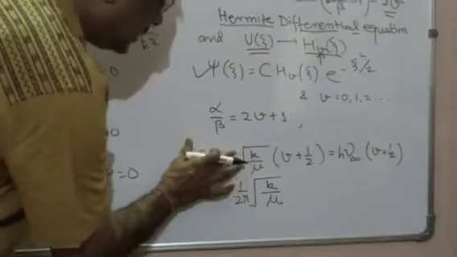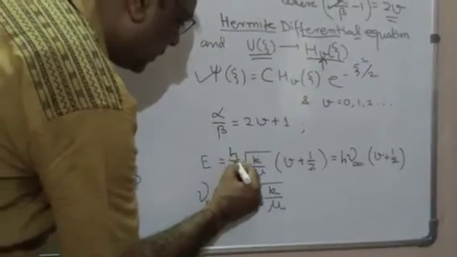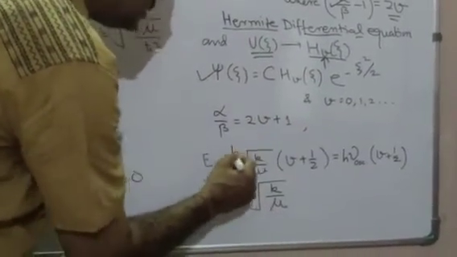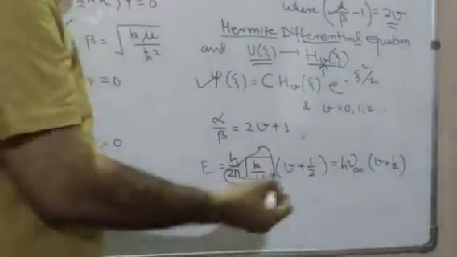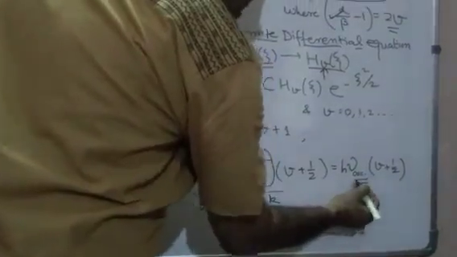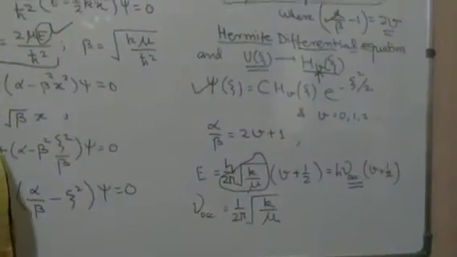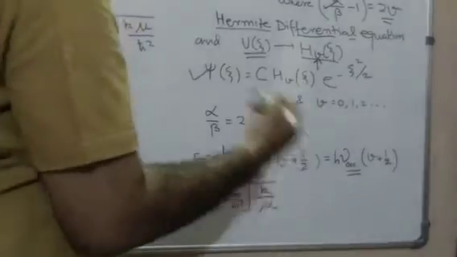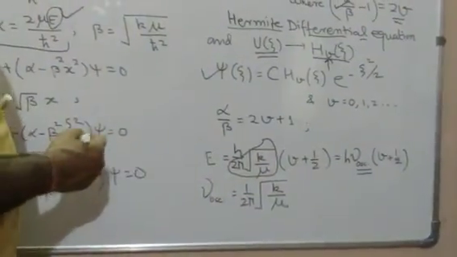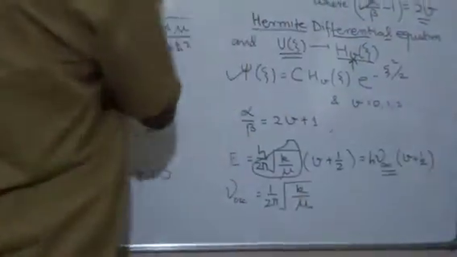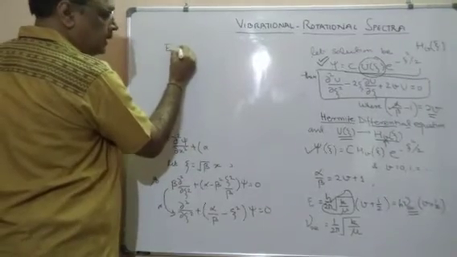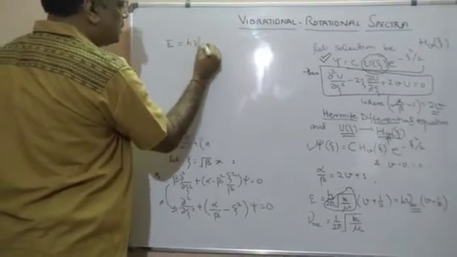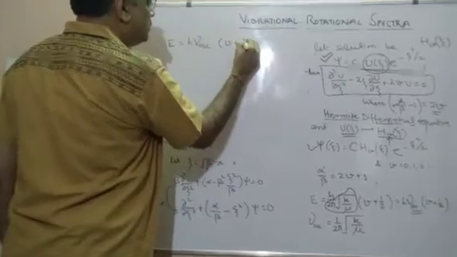And this, if we replace h cross by h upon 2 pi, then 1 upon 2 pi under root k upon mu, we can write as nu oscillation. So we obtain that E equals h nu oscillation, v plus half.